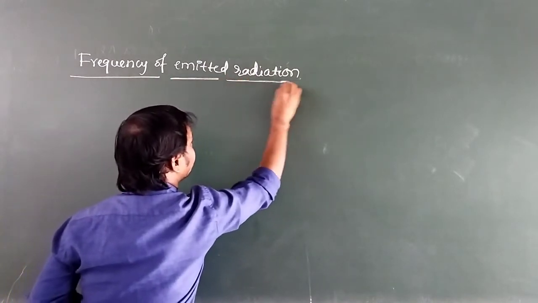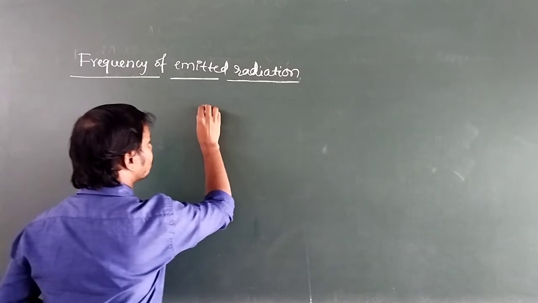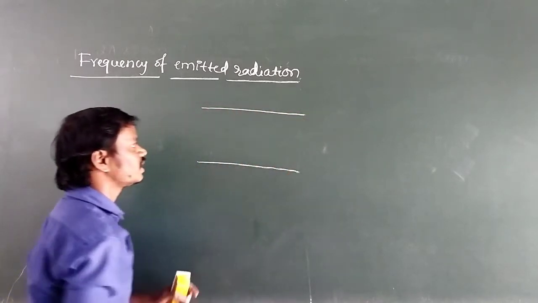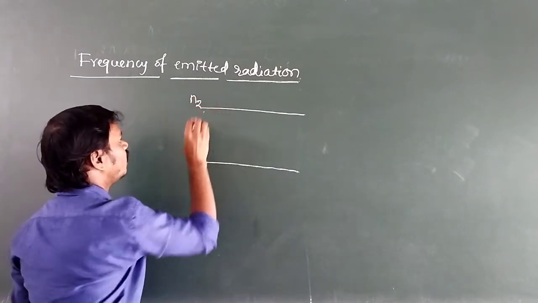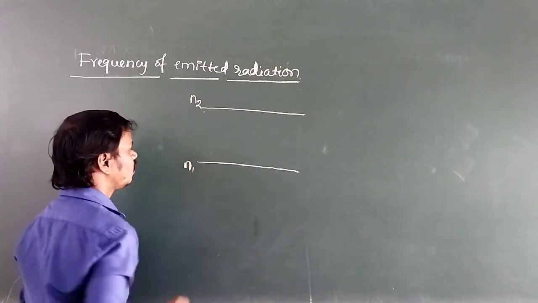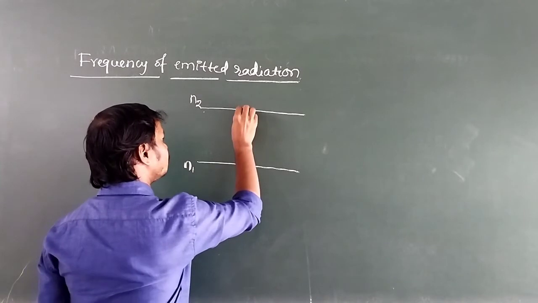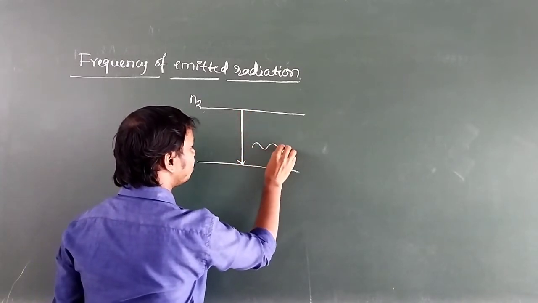See here, if an electron jumps from higher orbit to lower orbit, so let us consider it is higher orbit and it is lower orbit. Then principal quantum number of higher orbit can be taken as n2 and the principal quantum number of lower orbit can be taken as n1. And if an electron jumps from higher orbit to lower orbit, an electromagnetic radiation will be emitted.